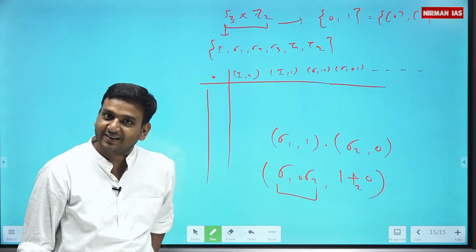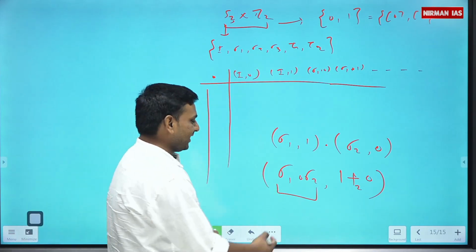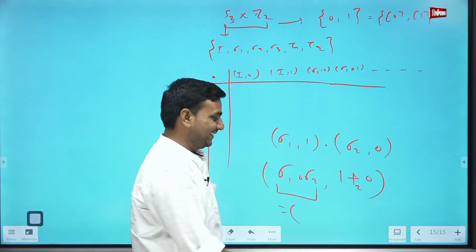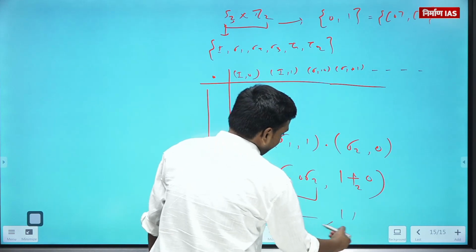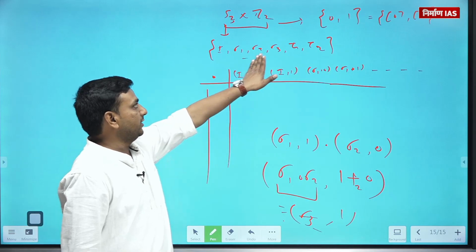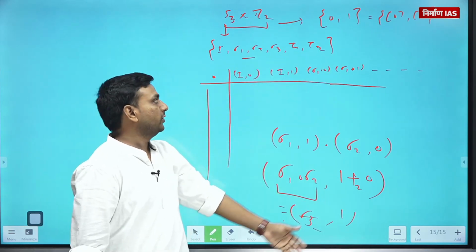I think the picture is clear to you. Now what did sigma 1 composition sigma 2 come out as? Sigma 3, and 1 here. Okay? So you got an element of this set only, S3 cross Z2.